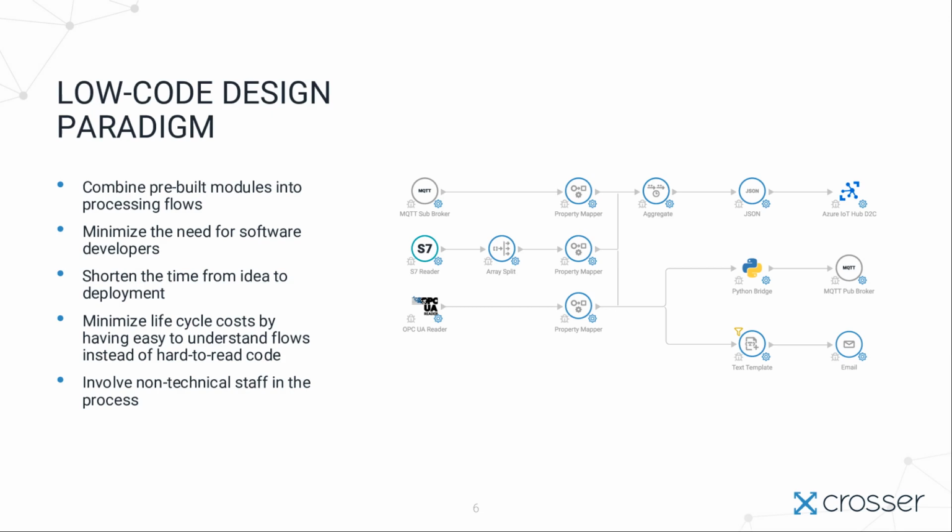It could be back to the machines where you collect the data from, to some on-premise system, a database or an ERP system, or you want to send data up to the cloud, either to your private cloud or using some SaaS service that resides on the internet, like if you want to send text messages or emails or something like that. All of these options are covered by these modules that are provided by Crosser.